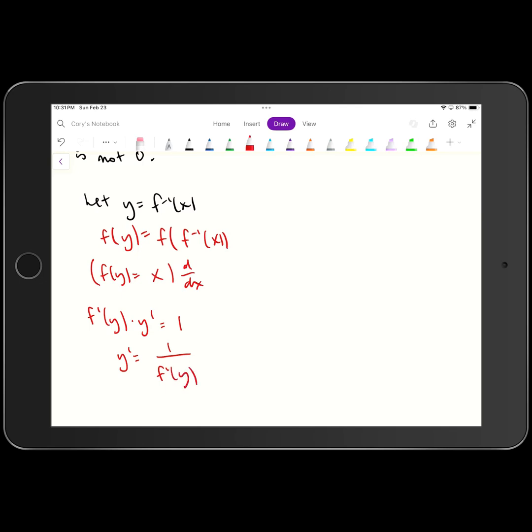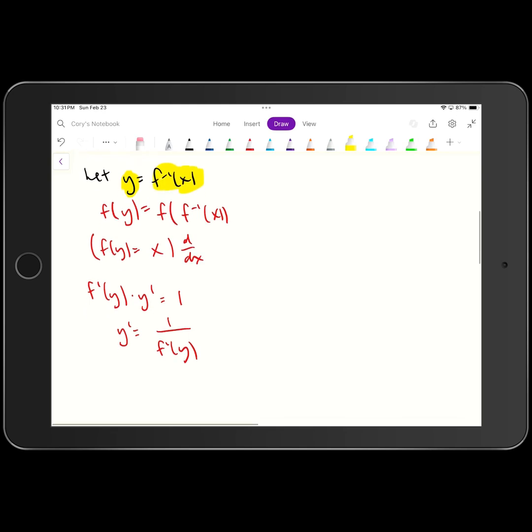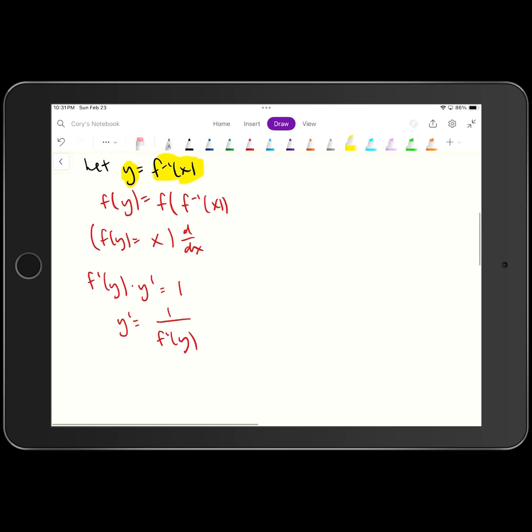Okay, and then we can isolate y prime by dividing both sides by f prime of y. Now, the last thing for me to do here is, like we said that y was equivalent to f inverse of x. So all I'm going to do is replace the y's in this equation with f inverse. So on the left-hand side, when I have y prime, I can write that as f inverse prime of x.